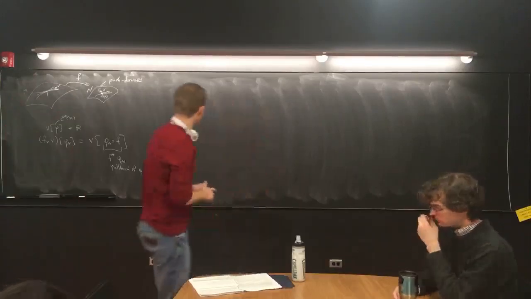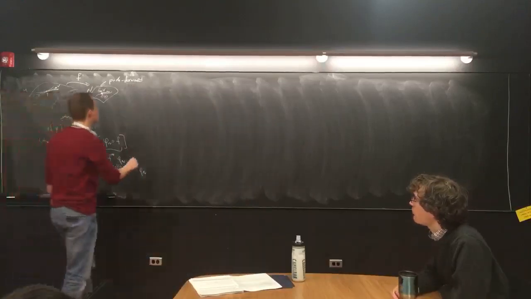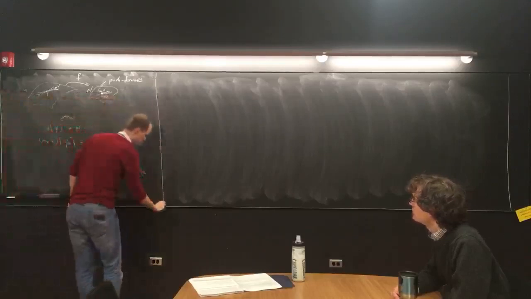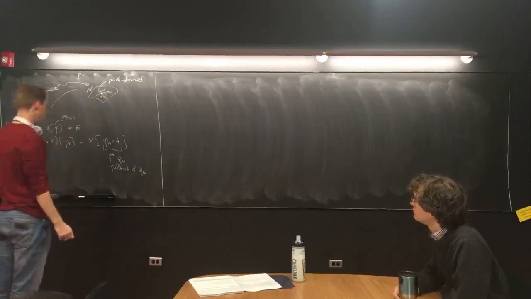Okay, and then we defined the rank of a map in two different ways, and we proved that they're equivalent by proving the rank theorem.